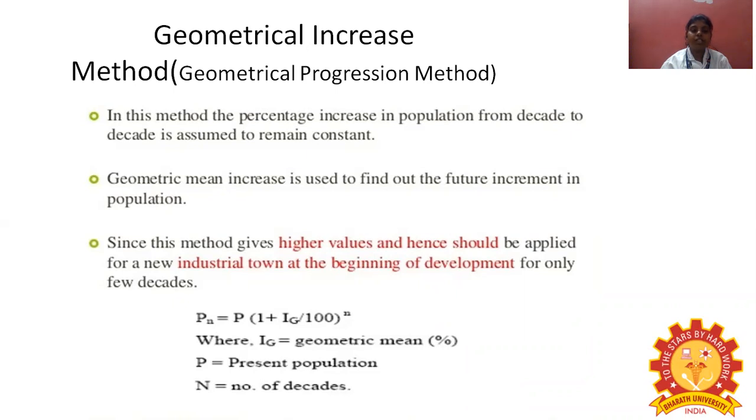Since this method gives higher values, it should be applied for a new industrial town at the beginning of development for only a few decades. Pn equal to P into 1 plus Ig divided by 100 whole to the power n. Here, Ig represents geometric mean in percentage. P means present population. Capital N represents number of decades.